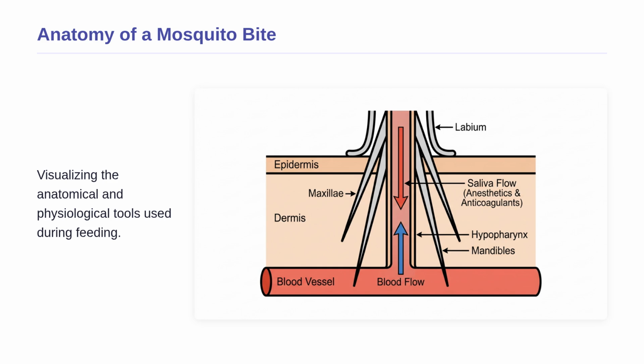Down the center, the hypopharynx acts as a dual-channel tube. You can see the downward flow of saliva, which represents the physiological adaptation, delivering anesthetics and anticoagulants directly into the blood vessel. Simultaneously, the upward flow shows the blood being successfully extracted.